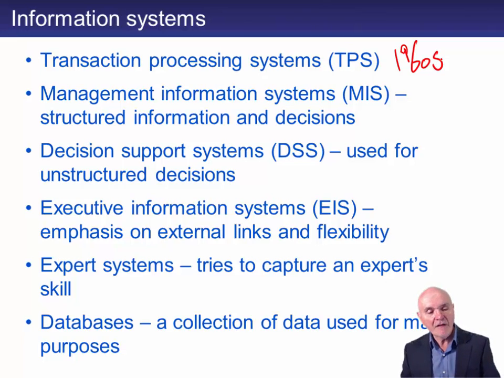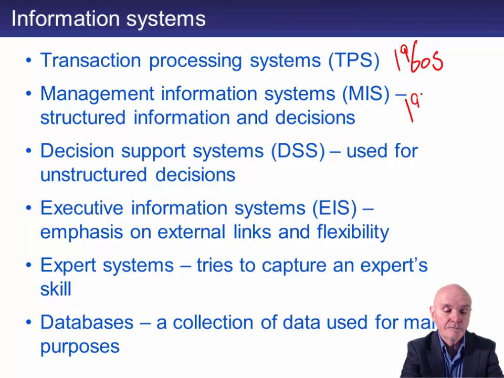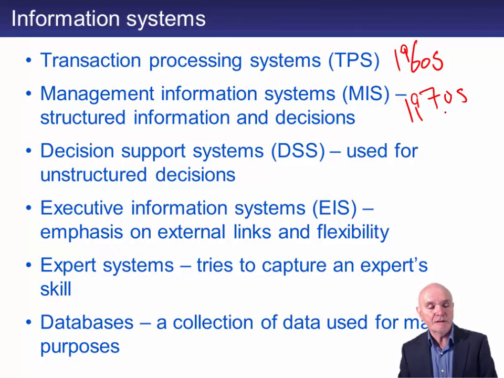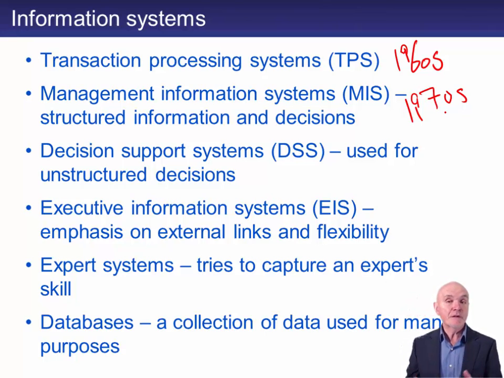As I said, very soon after that, once you had double entry going on, the transactions being entered into the system, we had information technology, and we had management information systems in the 1970s, which produced information that could be of help to management, and indeed which the system could use, a computer could use, to make what's called structured decisions.